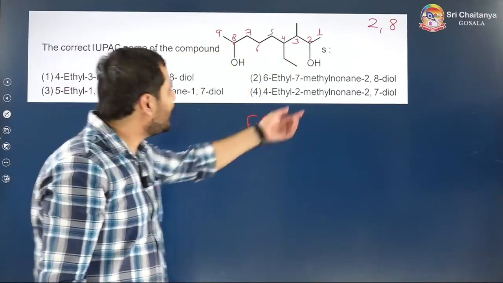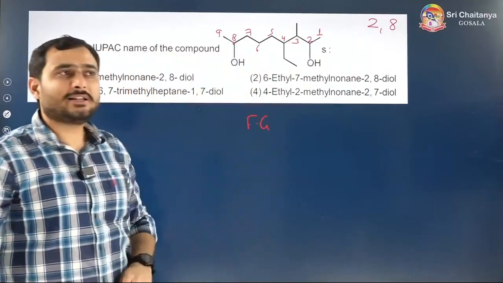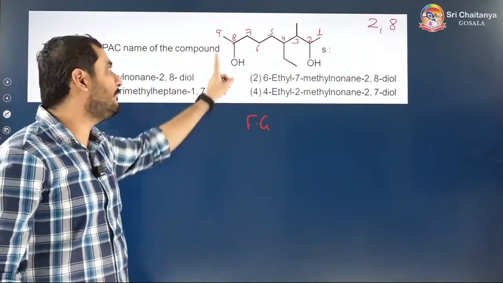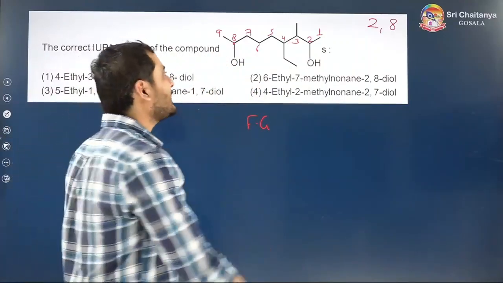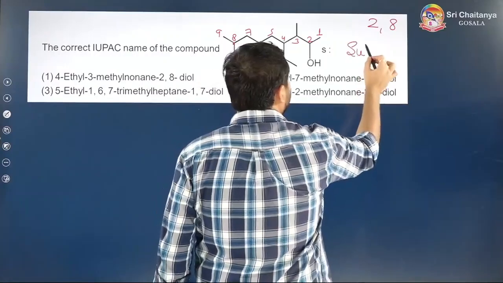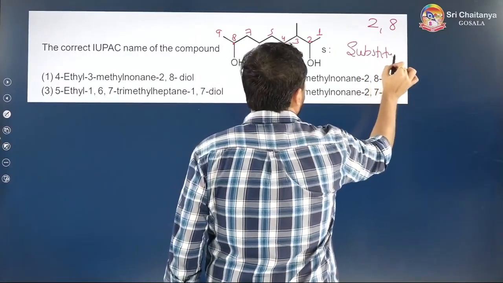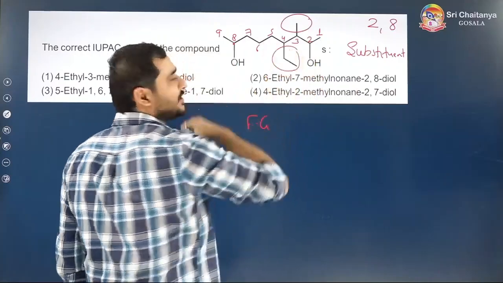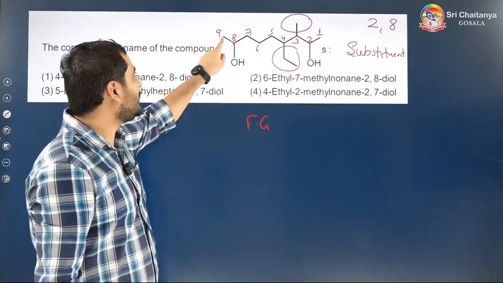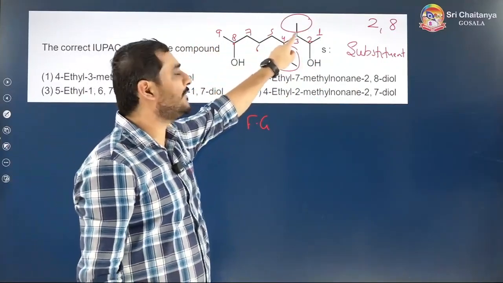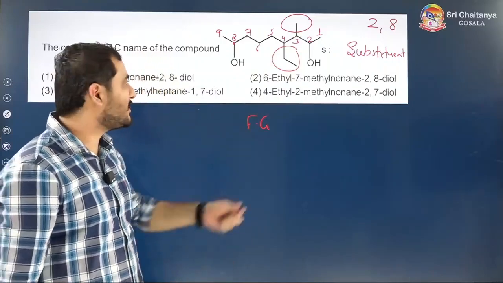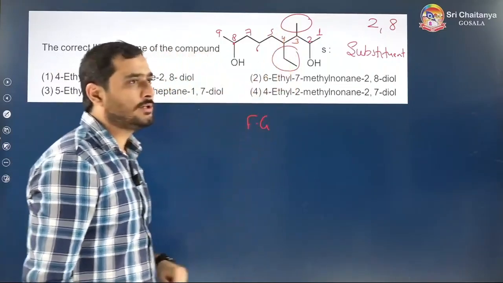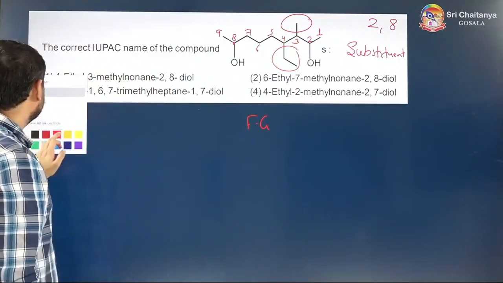So from here also we are getting 2, 8. So there is a tie in numbering of the functional group. So the next priority is given to the substituent. Now the substituents are present at the 3rd position and 4th position. But if we write from the other end, it will get 6, 7. So which is least? 3, 4. So this will be the correct numbering.